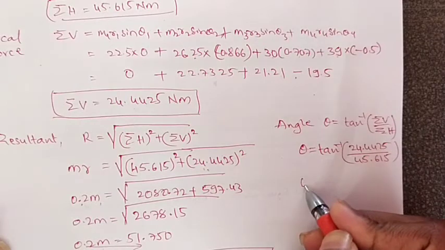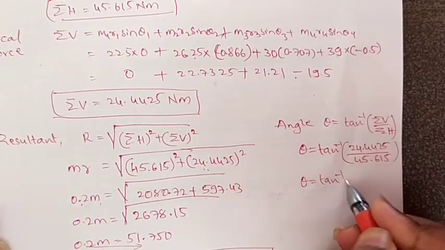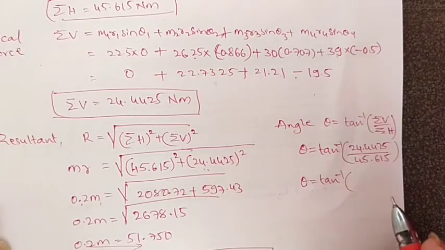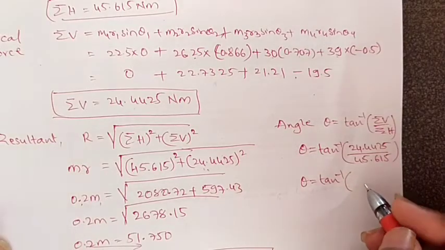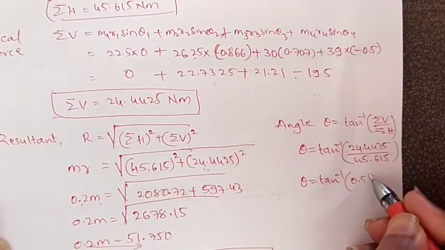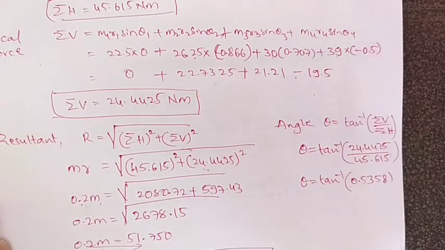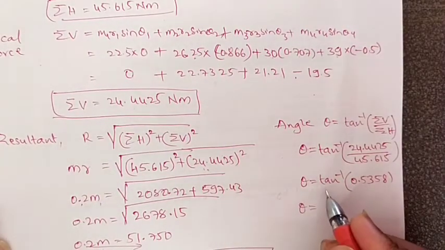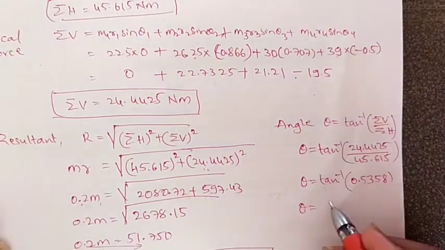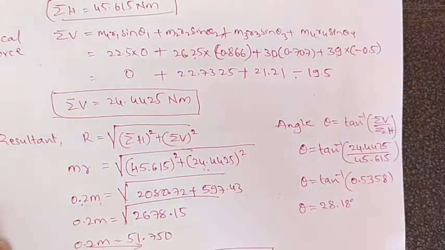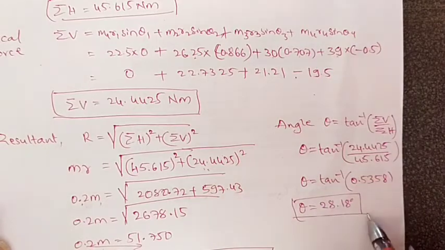When you divide 24.4425 by 45.615, you will get 0.5358. Okay, when you take tan inverse of 0.5358, you will get 28.18 degree. So 28.18 degree is the angle.